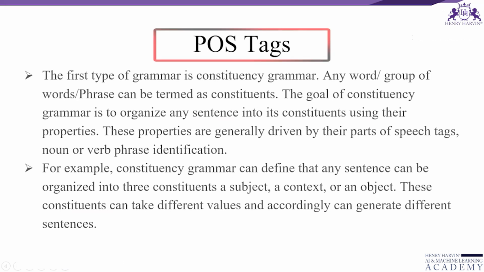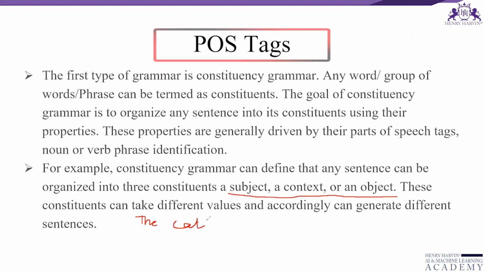For example, constituency grammar can define that any sentence can be organized into three constituents. This is really important to understand: a subject, context, or an object. These constituents can take different values, and accordingly they can form different sentences. Let me tell you what that means.